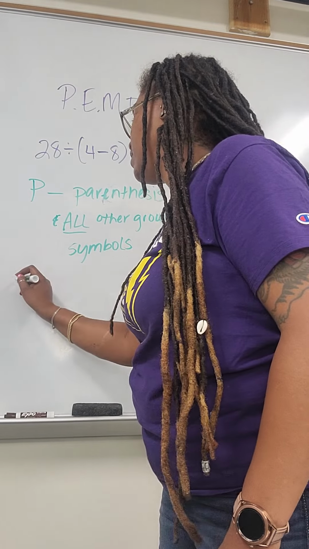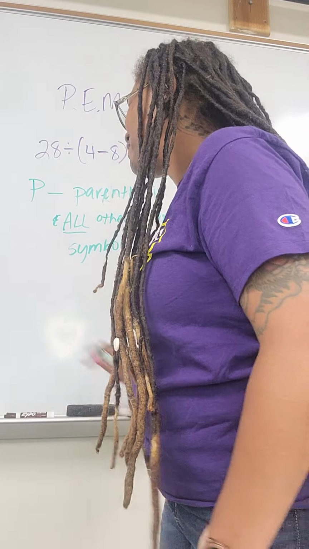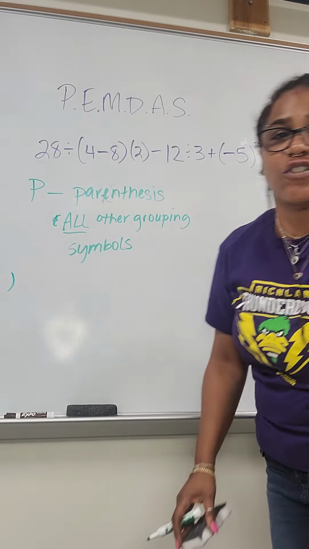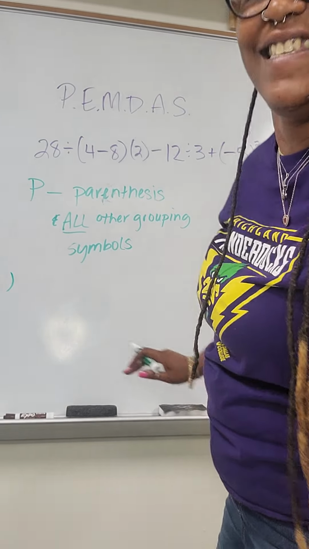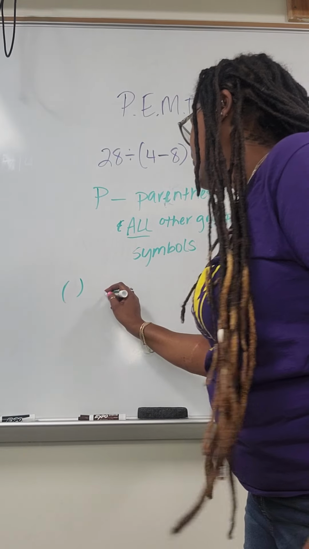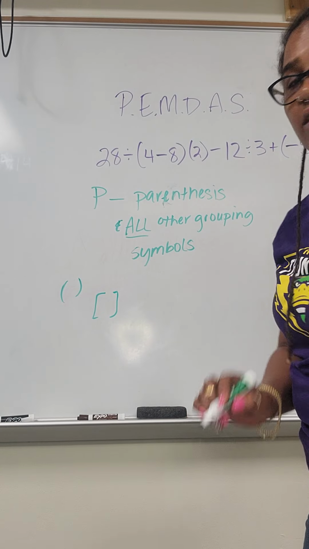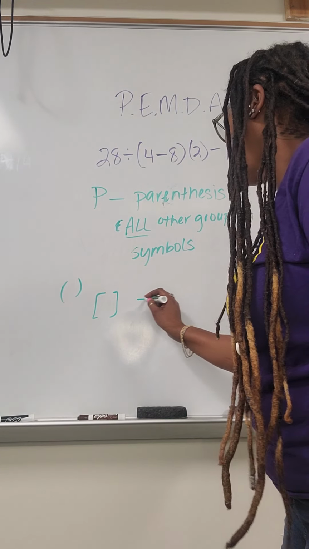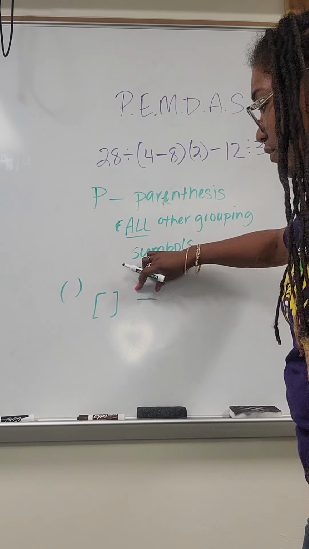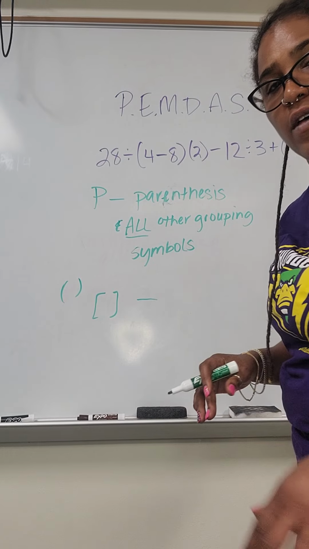So excluding, we know parentheses, right? One of them's leaning a little bit, it's okay. Besides parentheses, and then I drew it back and it looks the same, right? It's okay. So besides our parentheses, we also have brackets. Those are grouping symbols. A fraction bar, that's a grouping symbol because it wants you to evaluate everything in the numerator before it does everything in the denominator.